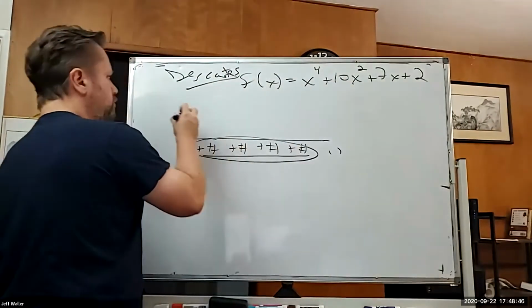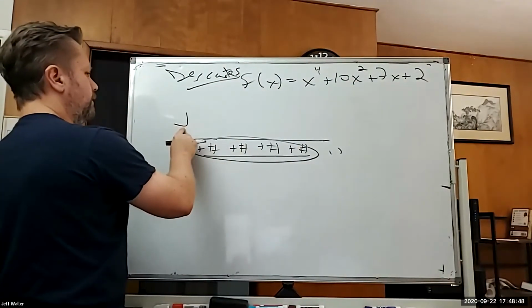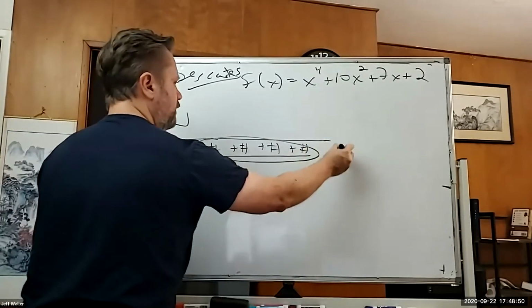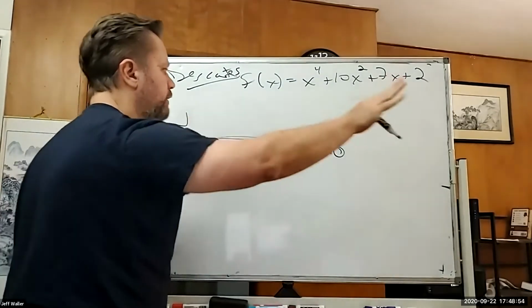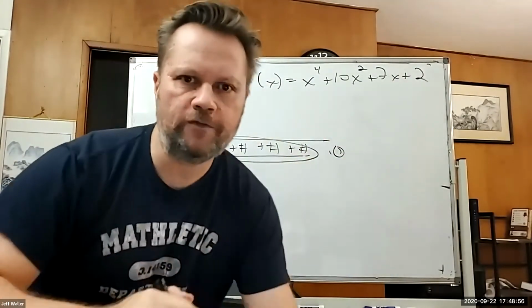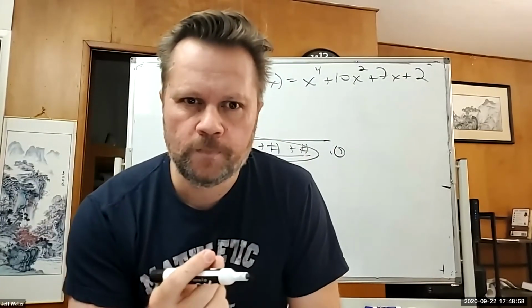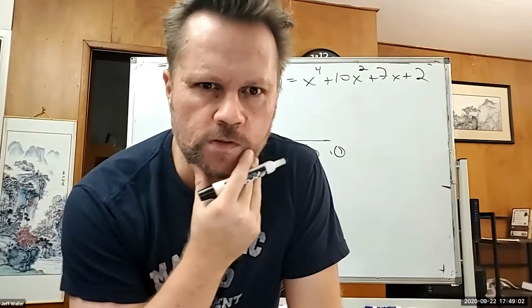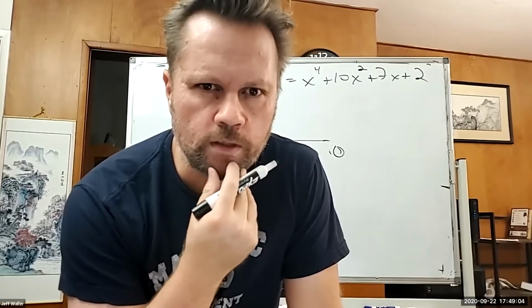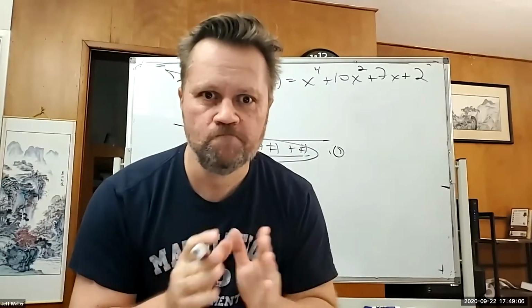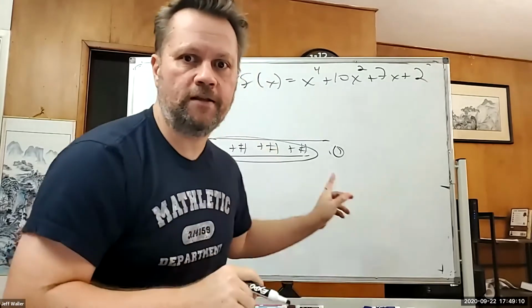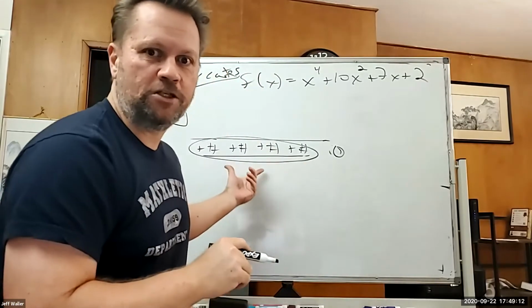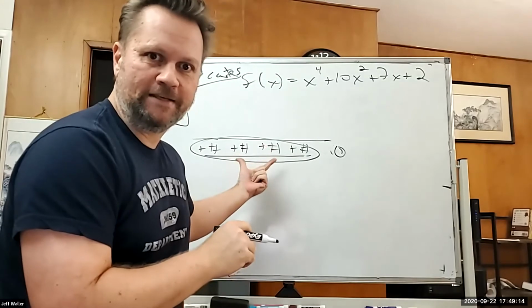So if you do divide and it goes in evenly and you're left with nothing but positive numbers, you can cross out all of the leftover positive stuff. Does that make sense? I really want that to make sense. Every time you synthetically divide and it goes in evenly, that means your new function basically is this.